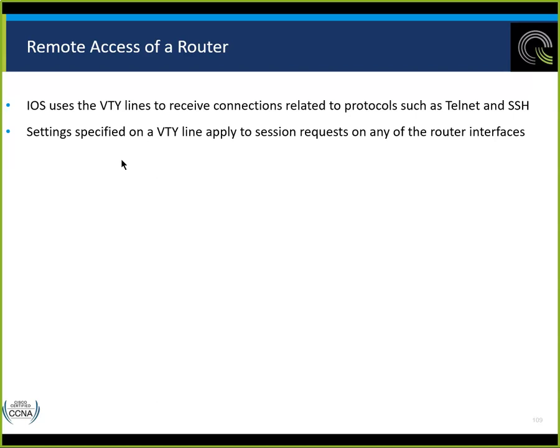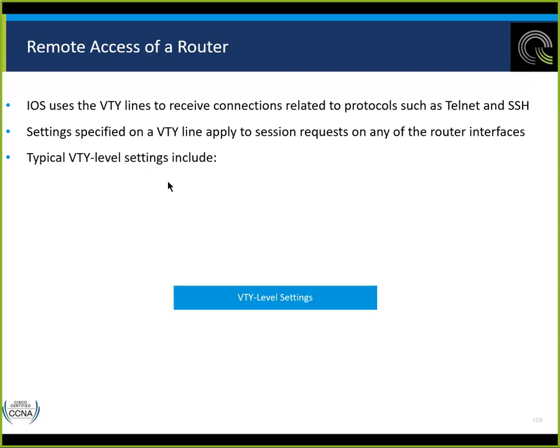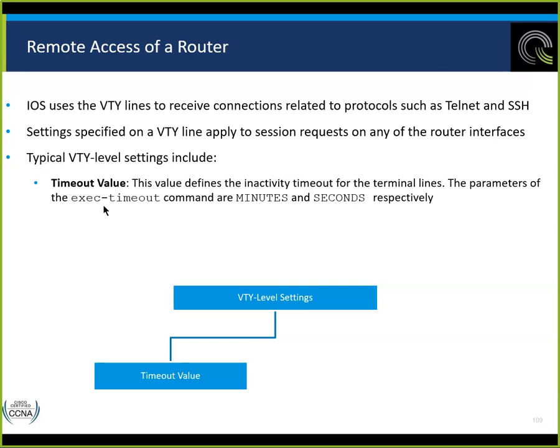We can connect to the IP address, but then we can manage the keystroke transfer through applying an access control list to the VTY line. So the settings specified on a VTY line apply to every interface that we could connect to. If we had 3 interfaces, 3 IP addresses, it would apply to all of them, because what we're doing is filtering on the service and not these.